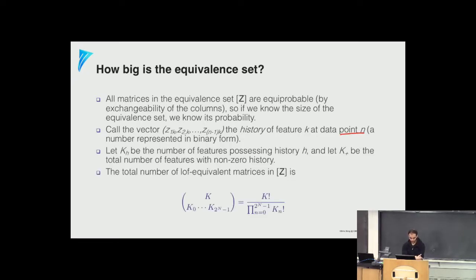And then we'll let K_h be the number of features that we have in the history h. Right, so we can actually show that the total number of these left-ordered equivalence matrices in Z is equal to this expression on the right. So it will be choose k from this number.